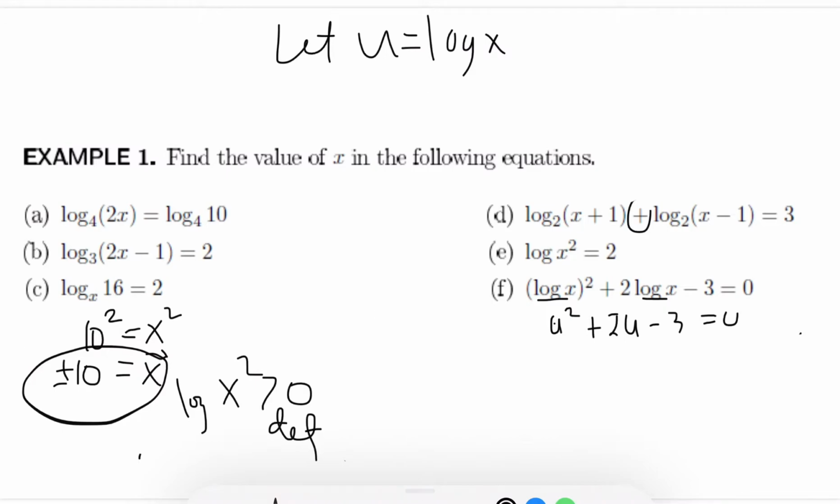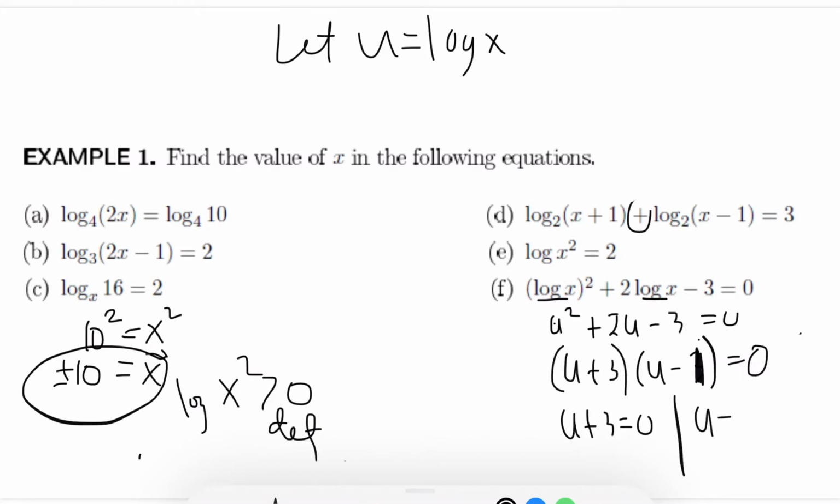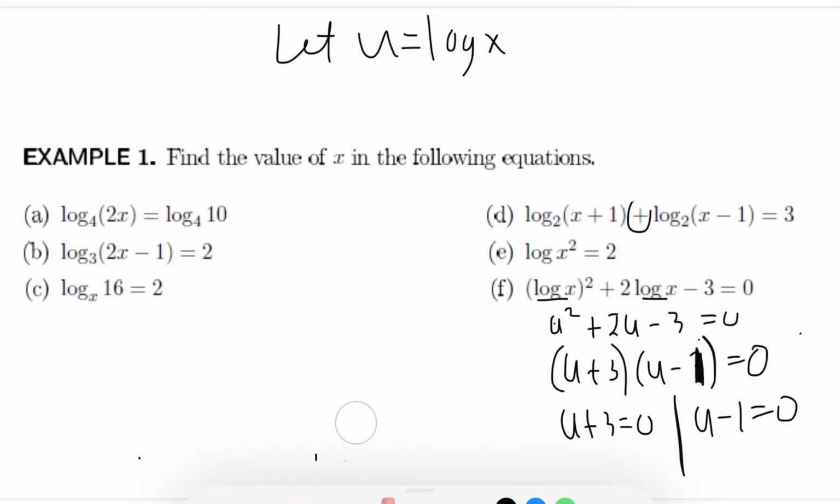Then factor. We get the factors u plus 3 times u minus 1 equals 0. So we have two equations, u plus 3 equals 0 or u minus 1 equals 0. And we'll go back to this one.